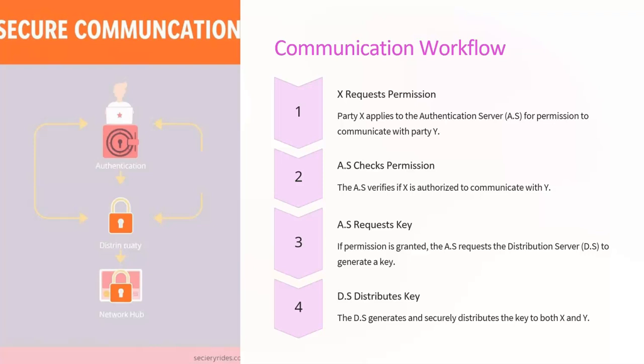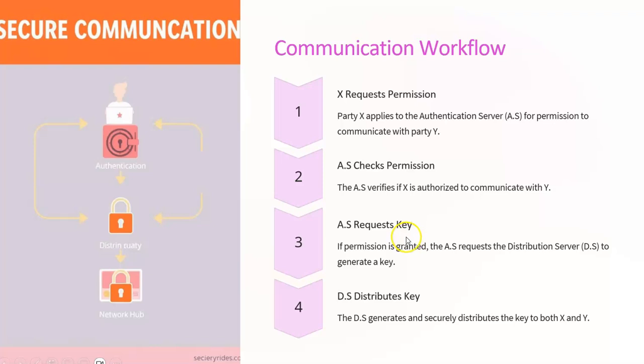So this is the workflow. X applies to the authentication server for permission to communicate with party Y. Now the authentication server checks the permission, whether X and Y are authorized persons or not.